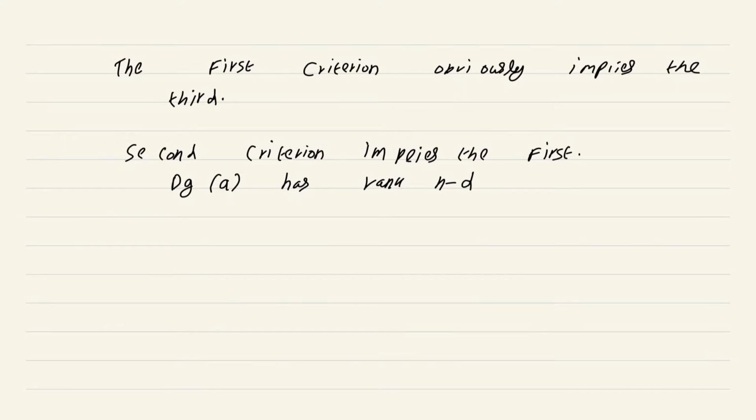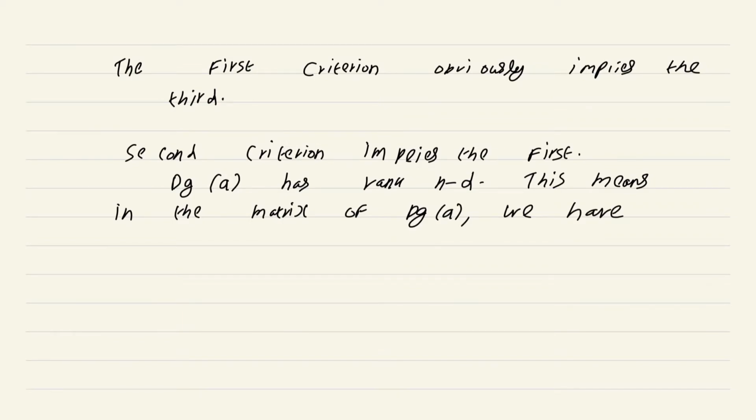Now this means in the matrix of dg at A we have n minus d linearly independent rows. This is just the rank being n minus d translated into matrix form.